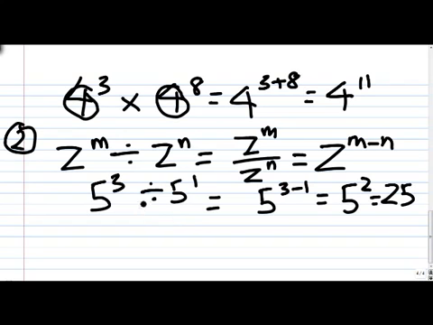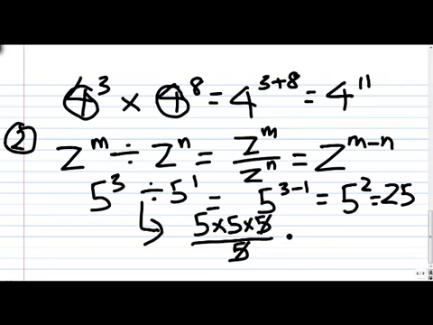Now let me do it another way so that you might actually understand. 5 to the power 3 can be written as 5 times 5 times 5 over 5. And according to the laws of algebra, you can cancel this one out, because they are similar factors. And then you get 5 times 5, which is equal to 25.